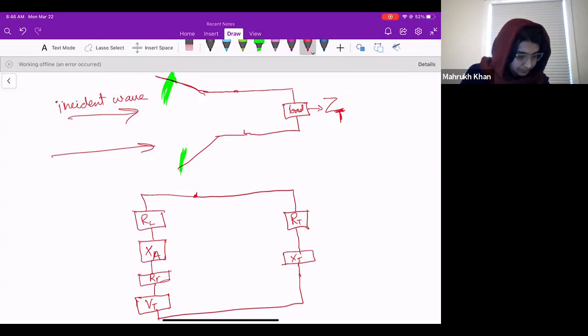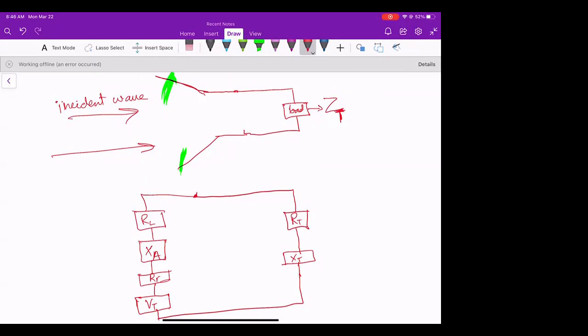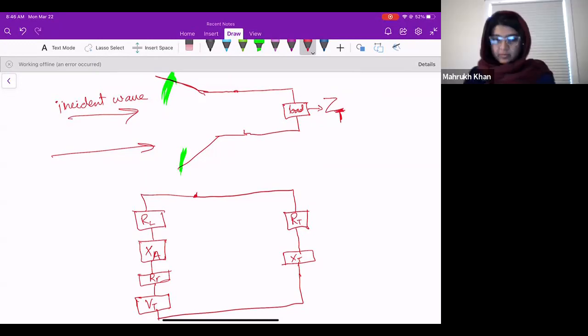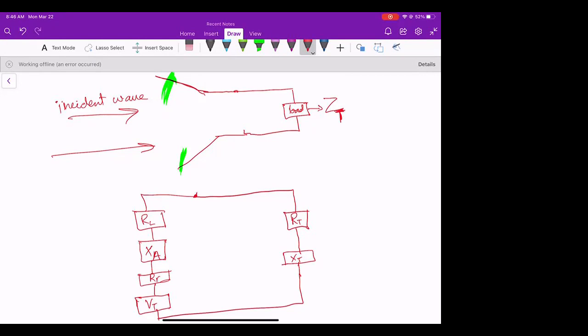Okay, so we understand this diagram. Josh, what do you think? You good? Yeah, I think I understand. Okay, so that's good. Miguel? Yeah, I think I understand too.